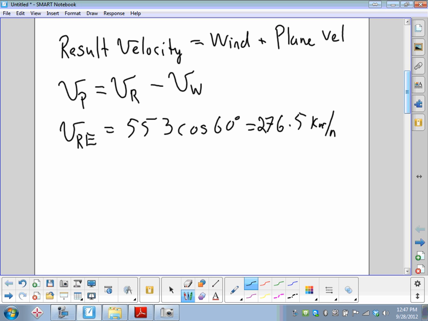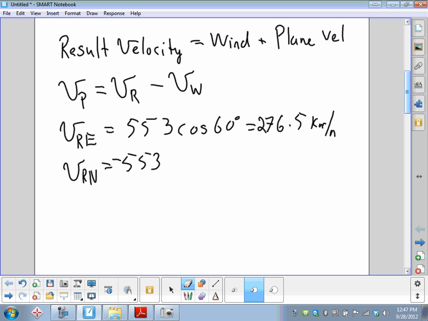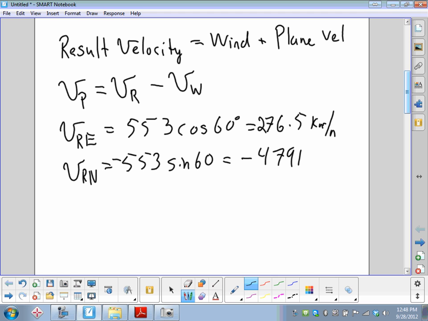And then we have our resultant velocity in the north direction, 553, negative because we're going south. Northern component is the sine, sine 60. And we get negative 479.